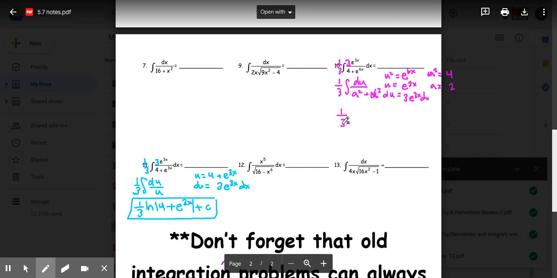So it's 1/3 times 1 over a, so 1 over 2, which is e to the 3x over a plus c. So it ends up being 1/6 arctangent e to the 3x over 2.